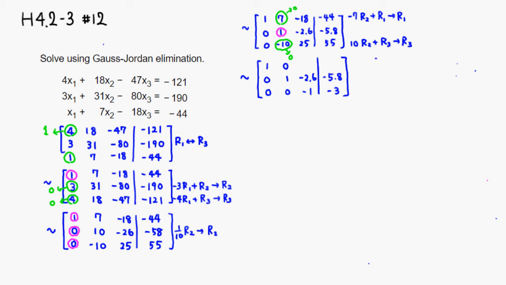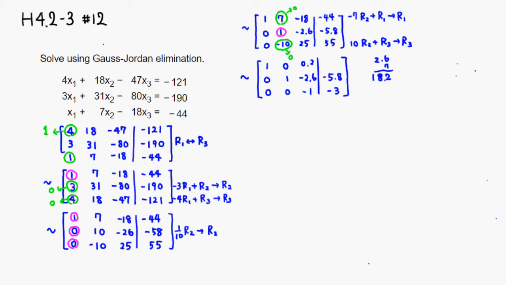So what's that? 2.6 times 7, right? It's going to be 6 times 7, 42. And 2 times 7 is 14. So it's going to be 18.